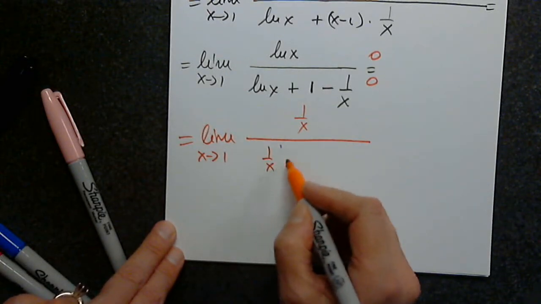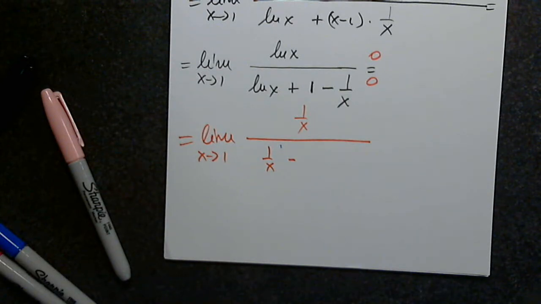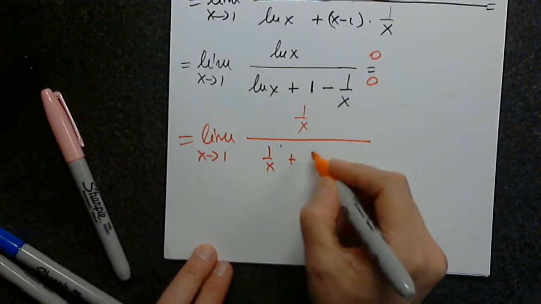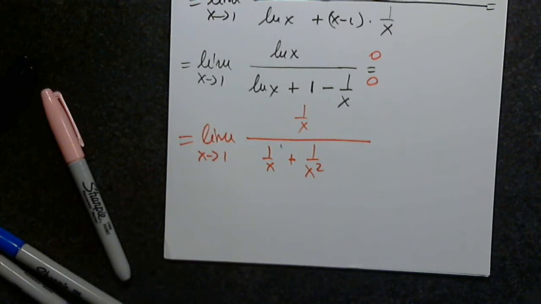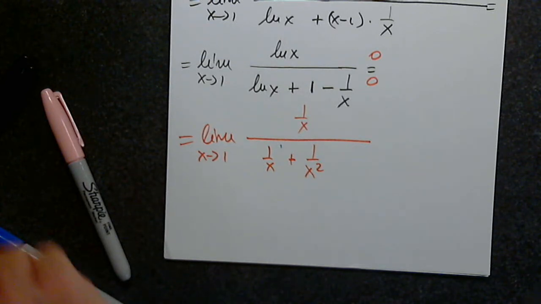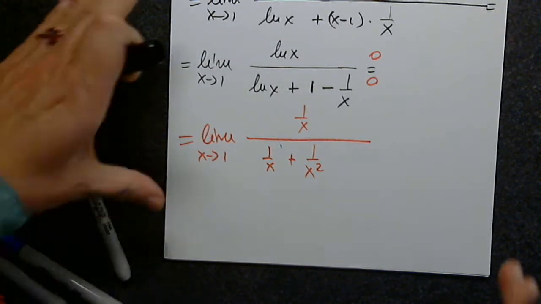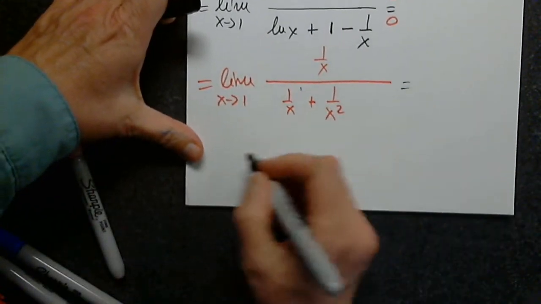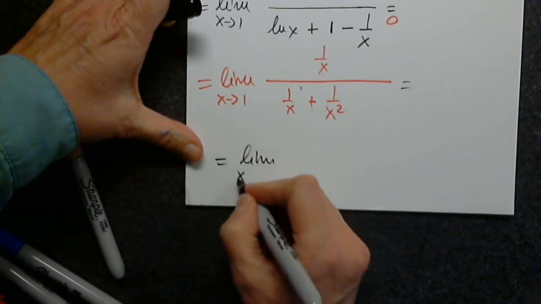1 over x minus. It's very important to remember that 1 over x prime is negative 1 over x squared. With minus in front is positive. There is something common in the denominator that will go away with what I see in the numerator. So what will you factor out from the denominator that will go away with the numerator?